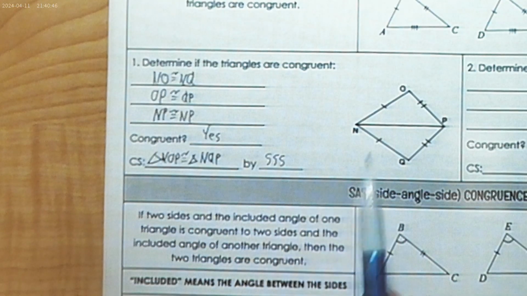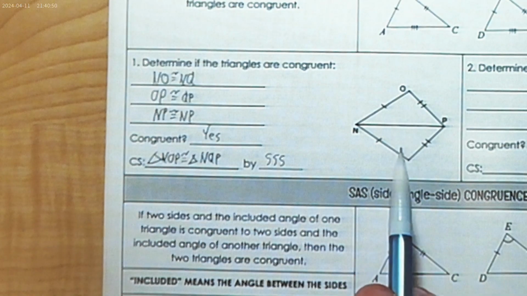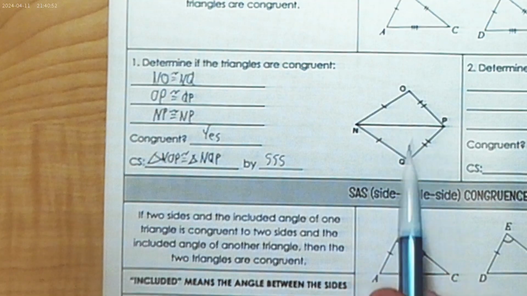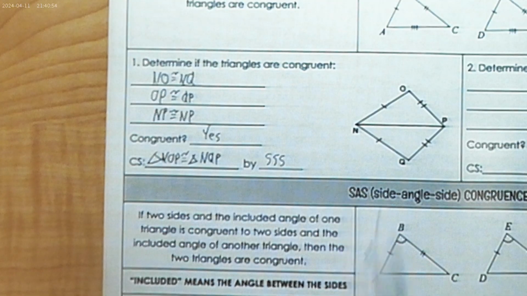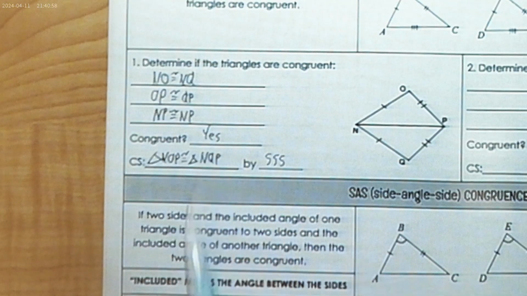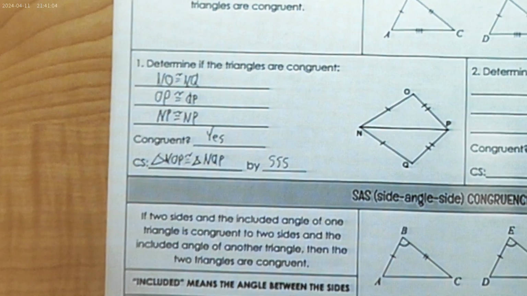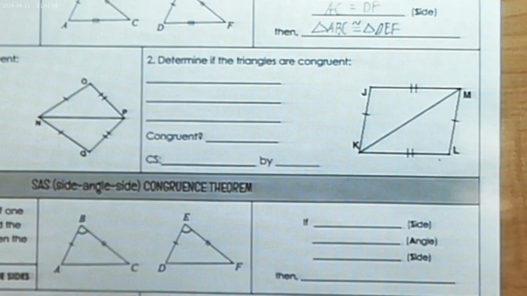By saying all three of those things, I am now saying that I have two triangles that have three sides each that are equal to each other. Therefore, by the side-side-side congruence theorem, these two are congruent. I don't know why I'm hanging out on this one as long. We are going to have plenty to work with, so let's move on to the next one.